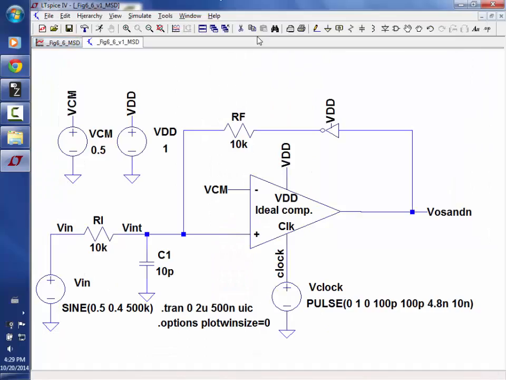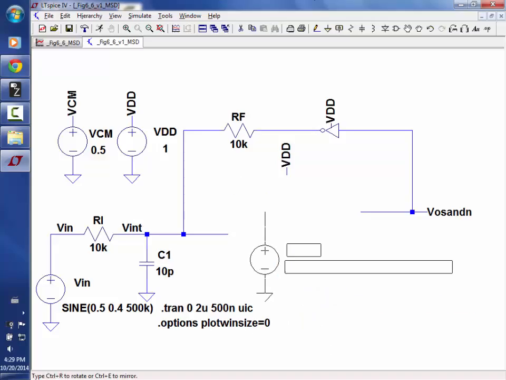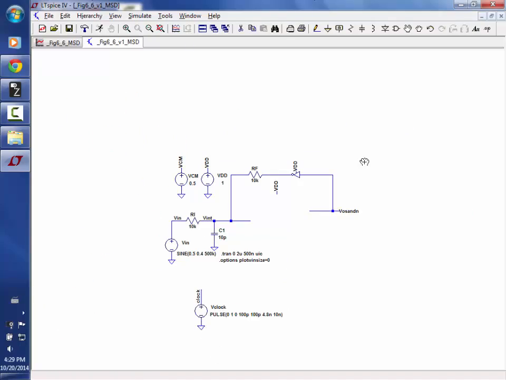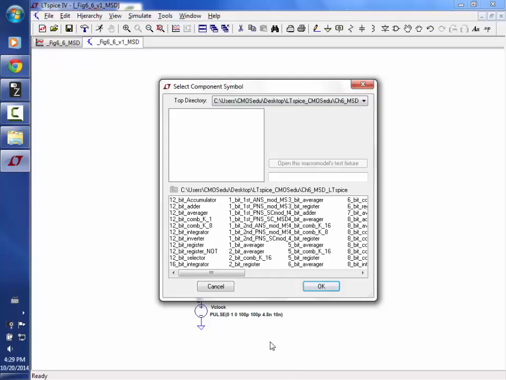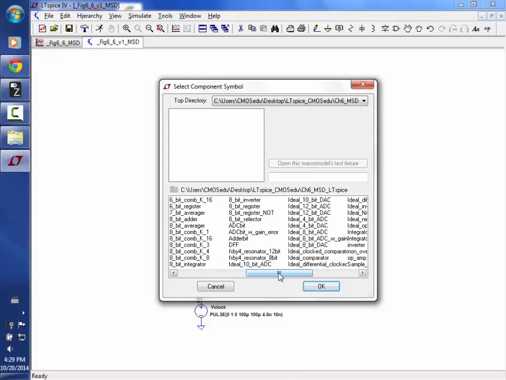and we'll get the scissors out here, and I want to get rid of this and this, and then I'm going to move this out of the way. And then I'm going to go grab a 4-bit A to D, ideal 4-bit ADC.